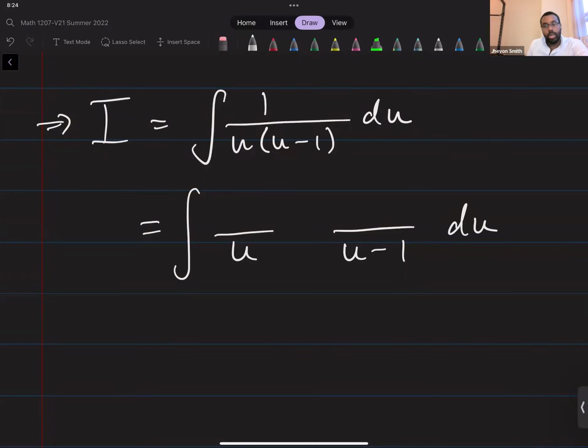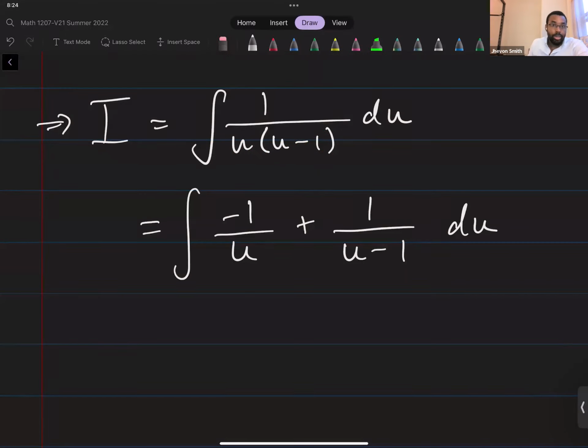In this case, we can do the cover-up method because these are non-repeating linear factors. So cover up the u, plug in u equals 0. I would get a -1. Cover up the u equals -1, plug in 1, I get a +1. So those are the partial fractions.